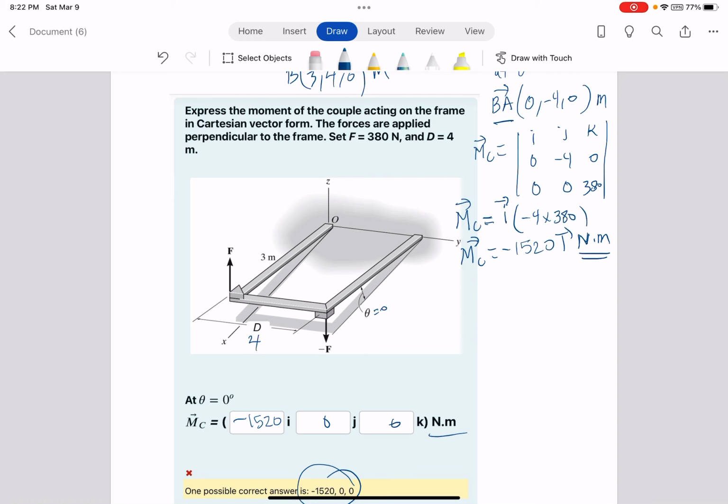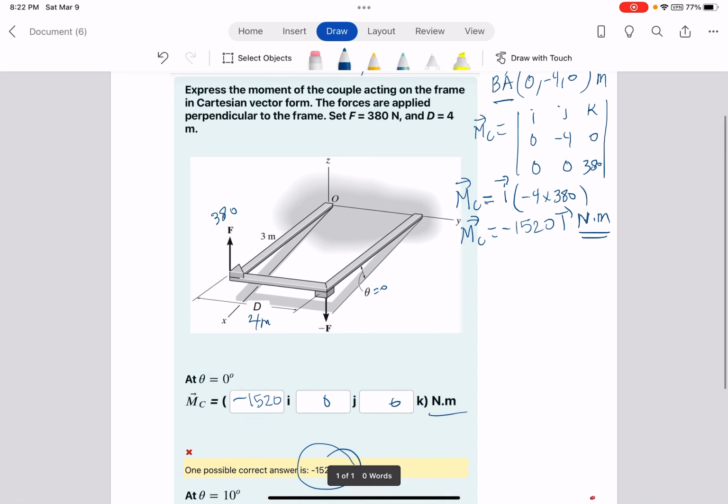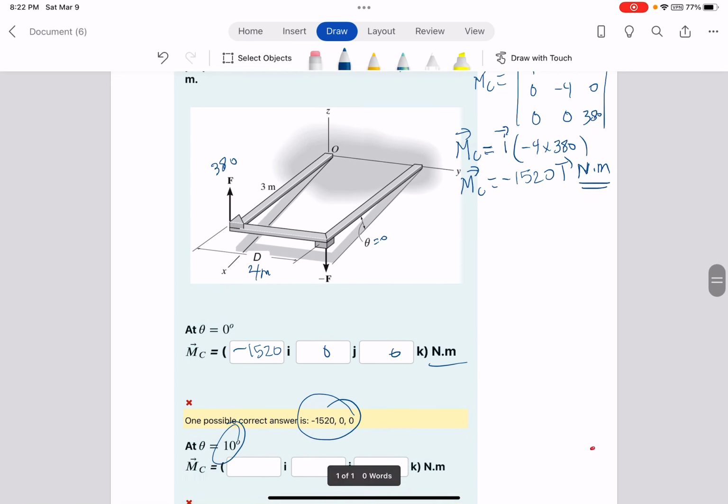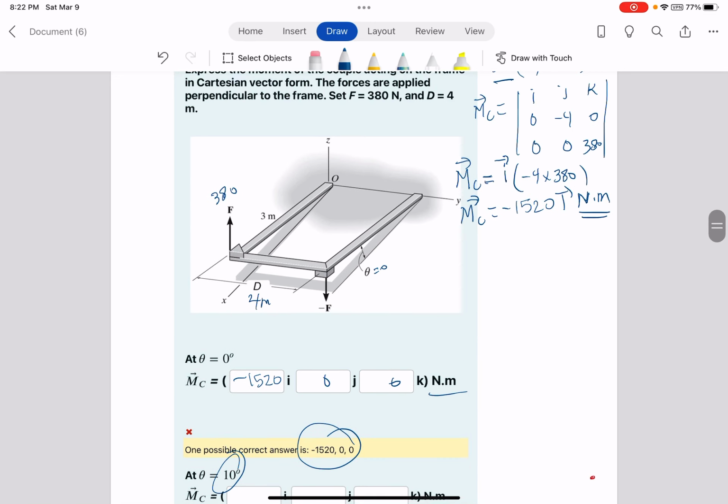Now, this is 4 meter and this is 380. For the other angle, which is 10 degrees, let's look from this side all the way until this point, and you'll have a very small angle, 10 degrees.